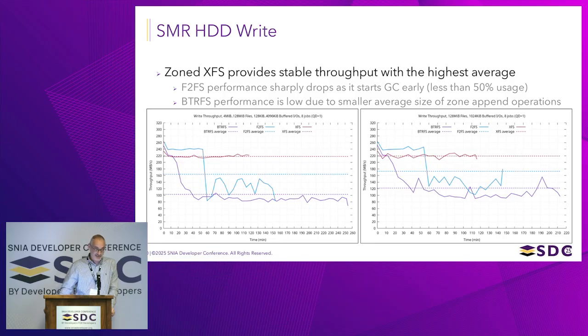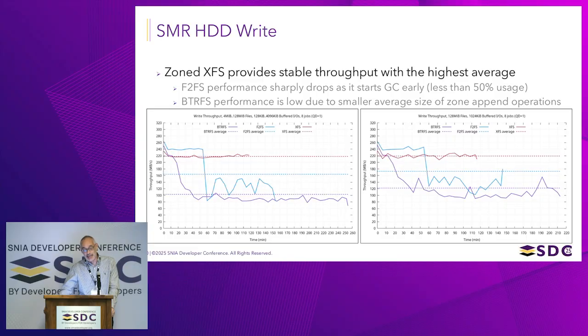As you can see, BTRFS definitely has a performance problem. It goes really down as soon as you start hitting the sequential write required zones. There are some problems with the IO size that BTRFS uses, which gives it really low performance. F2FS does have some problems as well.